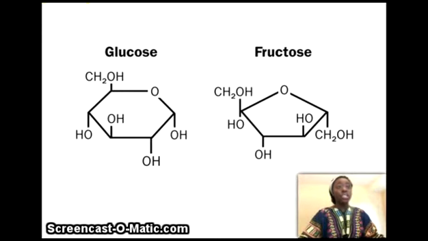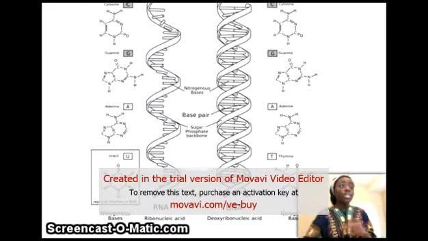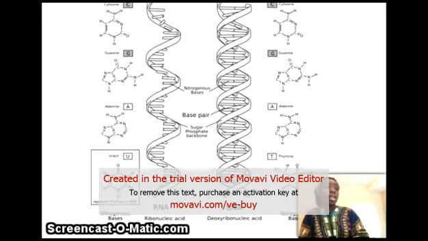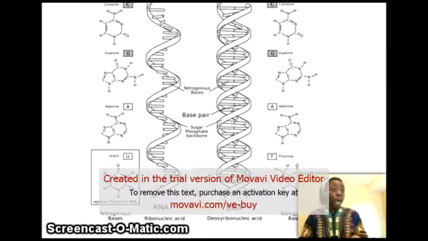Next is the difference between DNA and RNA. So DNA is a long polymer with deoxyriboses and a phosphate backbone. It has 4 different nitrogen bases: adenine, guanine, cytosine, and thymine, whereas RNA is a polymer with a ribose, not a deoxyribose, because that's DNA, a ribose and a phosphate backbone.